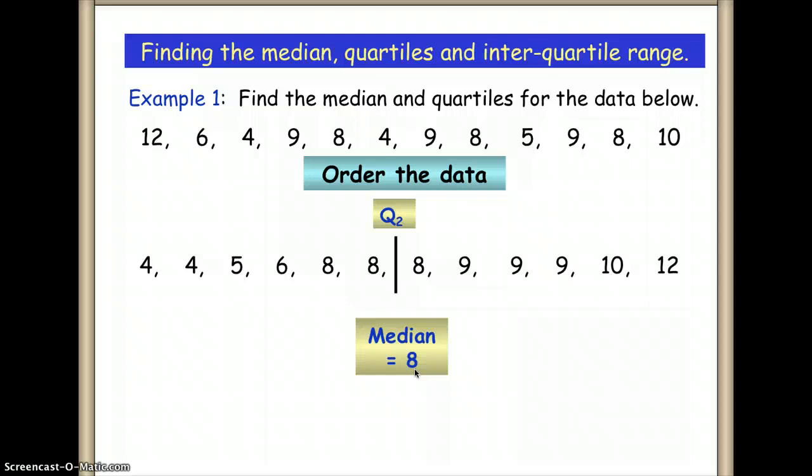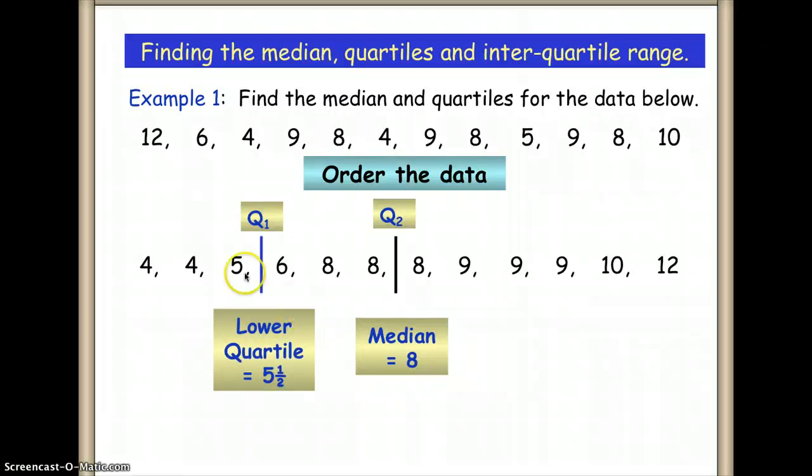Now the next ones that we're going to find are the lower quartile and the upper quartile. The lower quartile is represented by Q sub 1. From the median, you get what is in the middle of the lower set of data items. In the lower set, you have 6 data items, so the middle is between the third and the fourth data item.